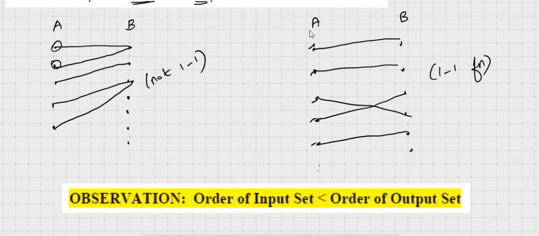Here what is the order of the output set? It is 6. If a function is one-to-one, the order of the input set will be less than or equal to the order of the output set. You could not define a one-to-one function without satisfying this condition. That is very important.